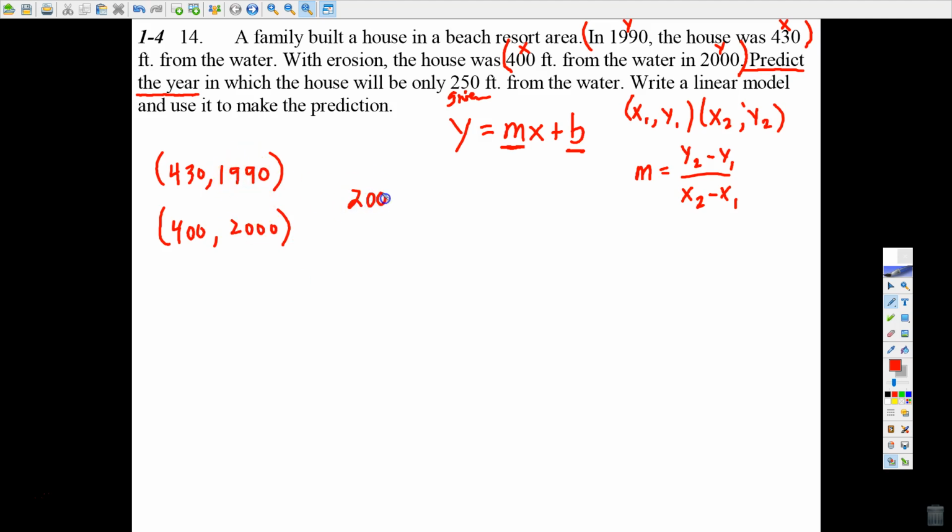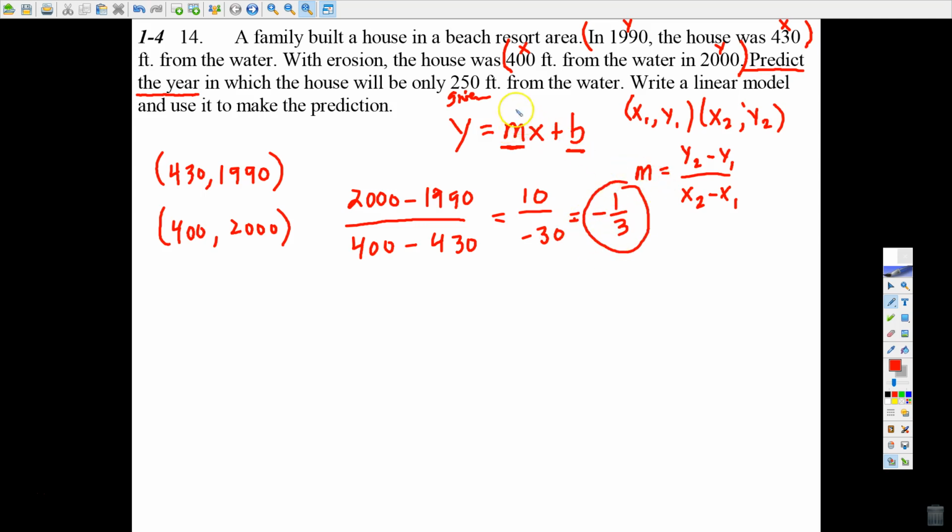So 2000 minus 1990 divided by, okay, if I call this y2, then I've got to call this x2. 400 minus 430. All right, I get 10 over negative 30, which makes negative 1/3 when it's simplified.